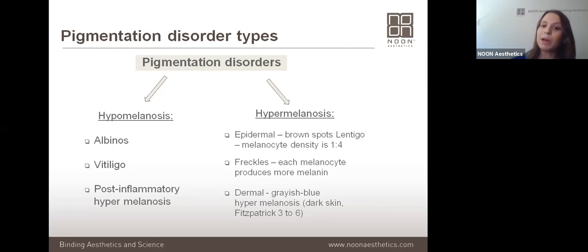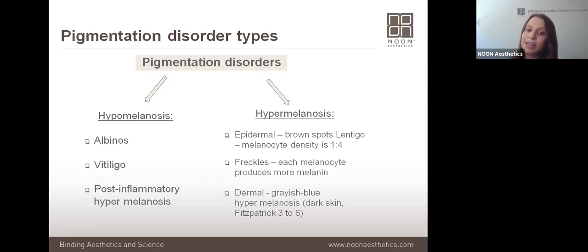So when I talk about the dermal, it means that it's usually something that was neglected, and this is a harder state, harder to treat because the melanin has already sunk into the dermis at the bottom of our skin, at the second layer. So the spots will look very dark brown or even grayish blue.